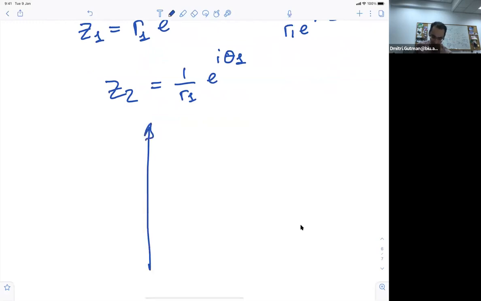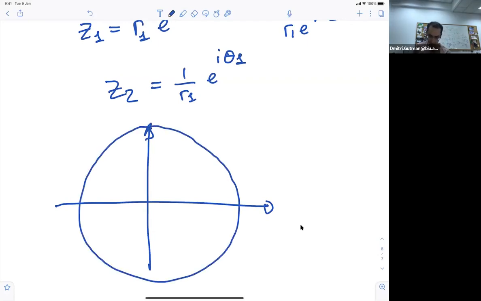So if I draw a circle on a complex plane, that would be a unit circle. And I pick a point Z1 somewhere, and it has a phase theta, then its reflection will also have the same phase. So it will lie on this straight line that goes between the center of the unit circle and the point Z1.